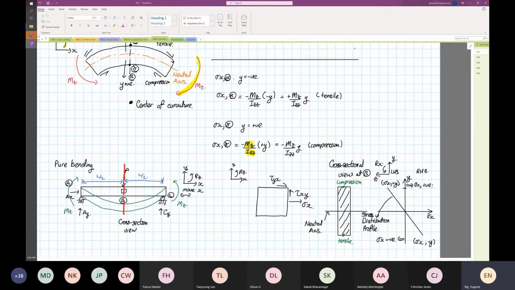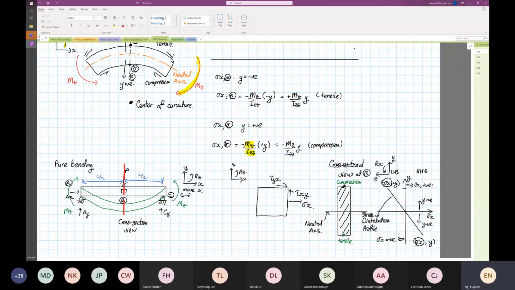In terms of y, if this direction going up is y, y is positive, and coming down, y is negative. At the top, where we have y positive, it is in compression. When it's y negative, it's in tension. So this is known as the normal stress distribution profile.